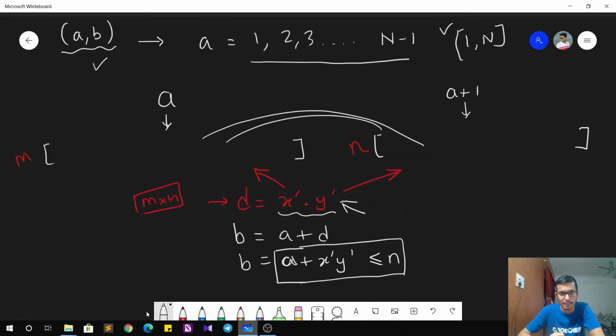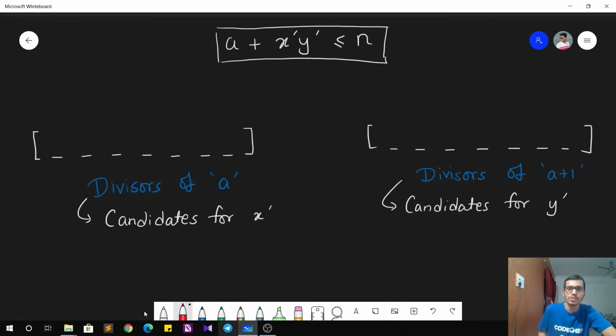Let's see. To find the pairs of x dash y dash for which this whole inequality holds true, there are several methods, such as the two-pointer method or the binary search method. I will be discussing the two-pointer method over here. So what we can do is list out all the divisors of A in a sorted manner.